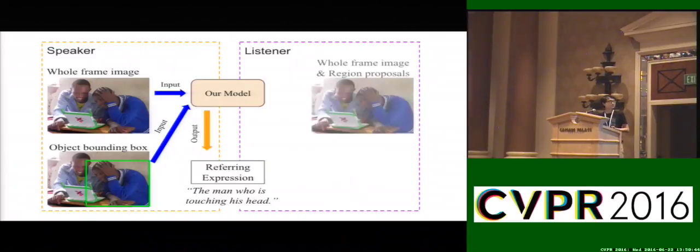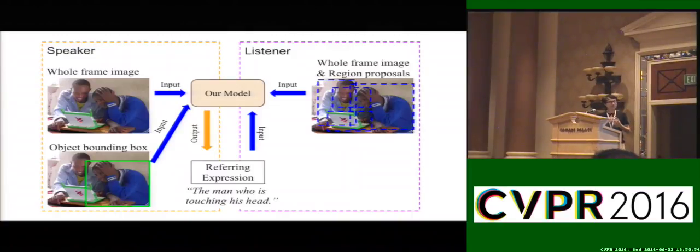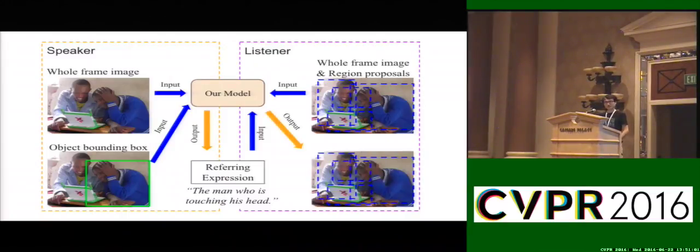The listener is given a description and the whole image, and needs to decode the description and try to identify the object that the speaker originally wanted to talk about. In our paper, to simplify things a bit, we have our listener always select from a finite set of candidates.